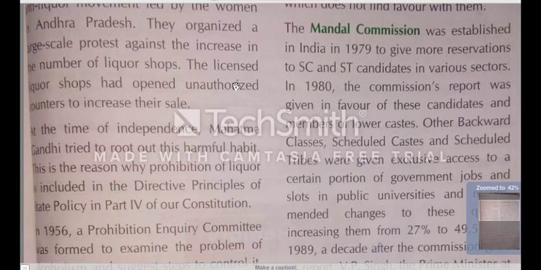They saw that the persons with licenses for liquor shops had opened many counters for increasing their sale, for earning more and more money by selling liquor.